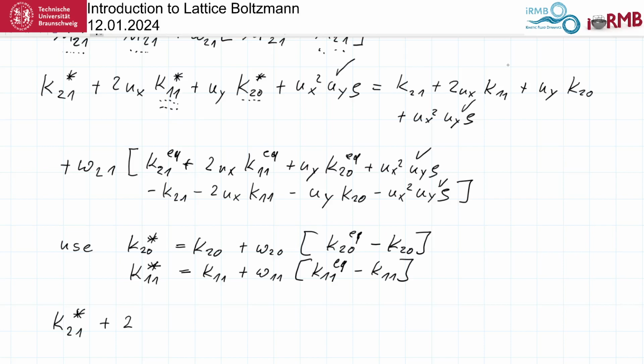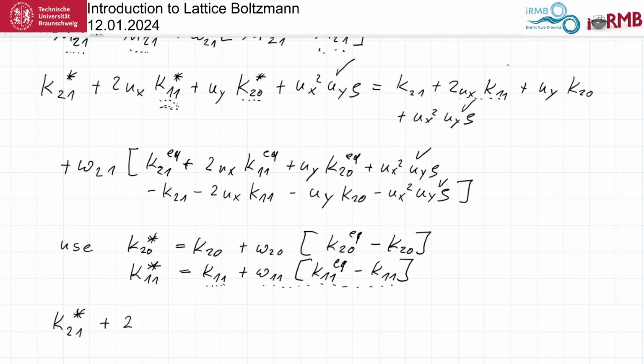When we do the replacement, I'm doing a little bit of simplification before. On the right-hand side, we have these ux times K11 before collision, and the same term comes when we plug in the K11 after collision in this position. So we can immediately see that they eliminate left side with right side, and everything that remains will be this part.